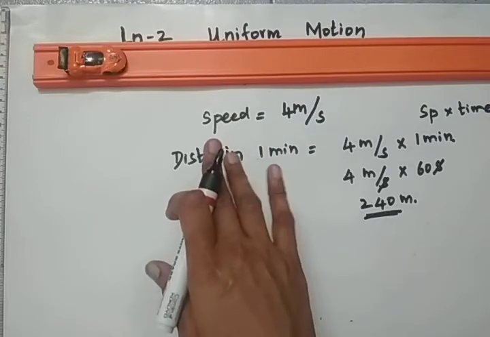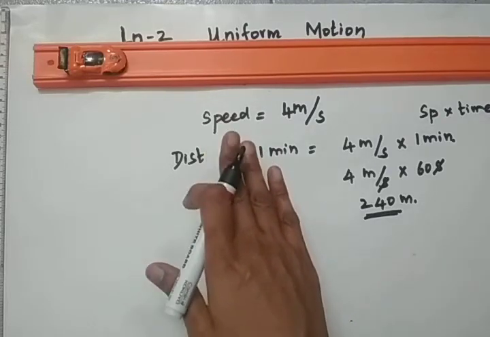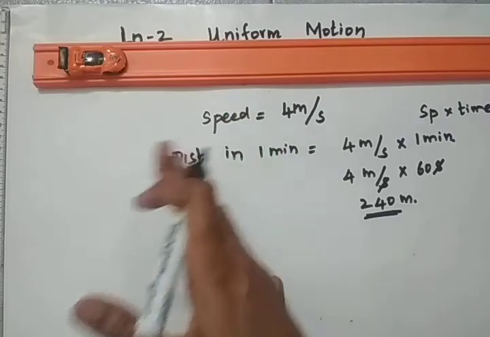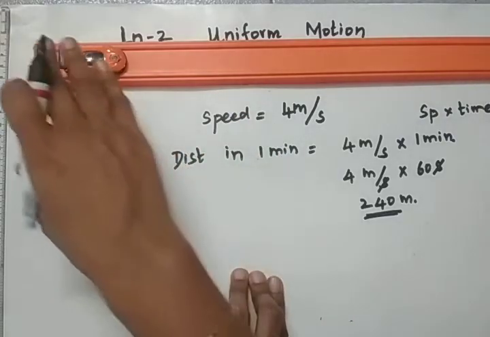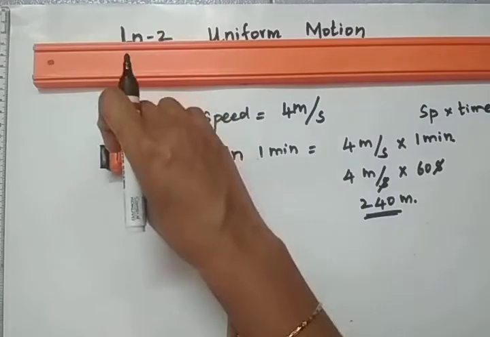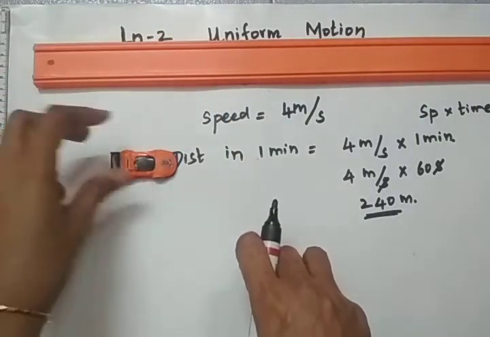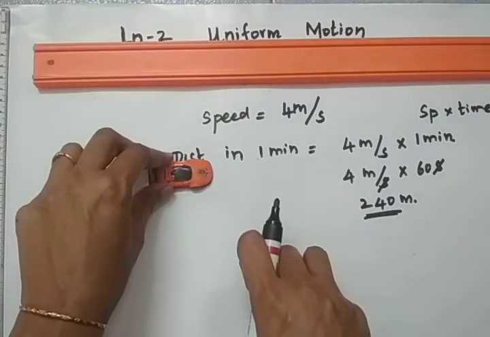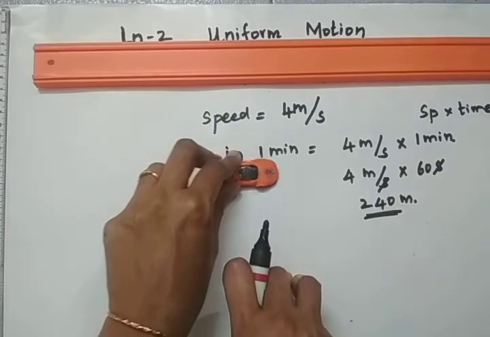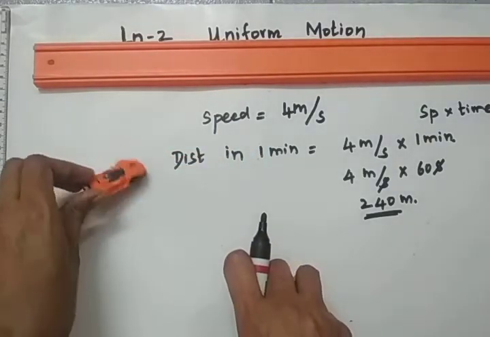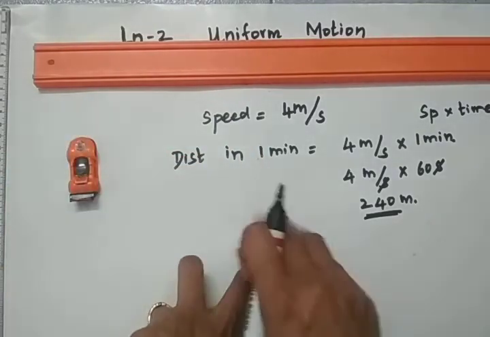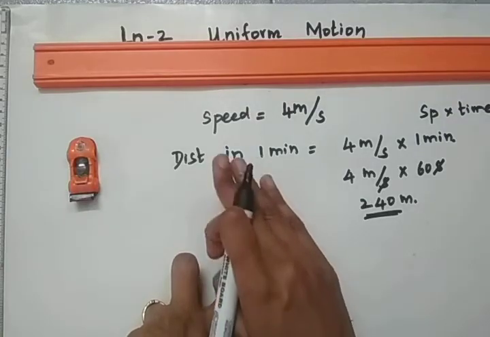So practically on roads, is it possible? No. Sometimes there may be some problem in your car and you may have to slow down. Sometimes you will go with a faster speed if there is no traffic on your road. So in practical life, we will not be able to maintain a uniform speed.